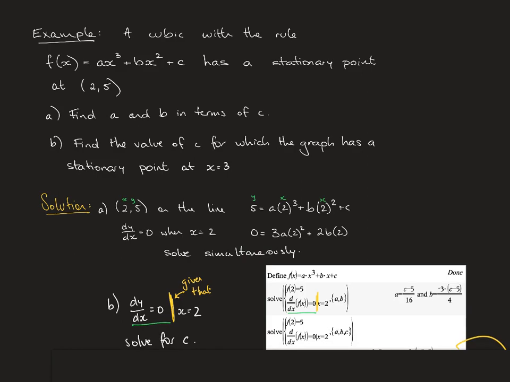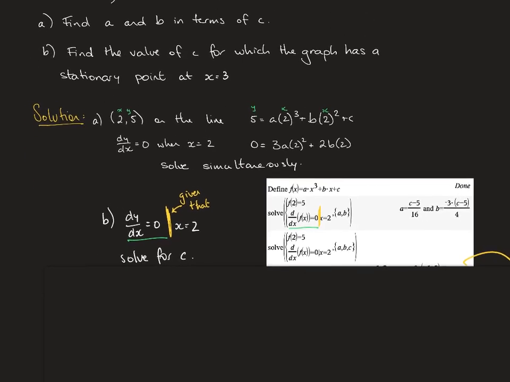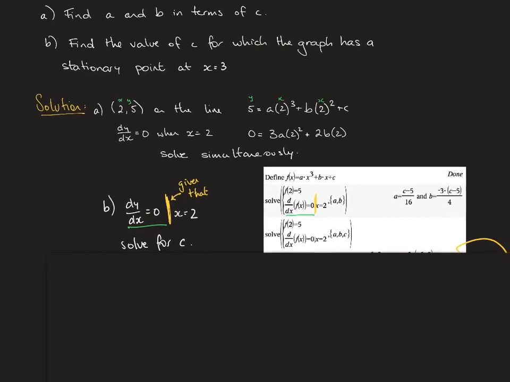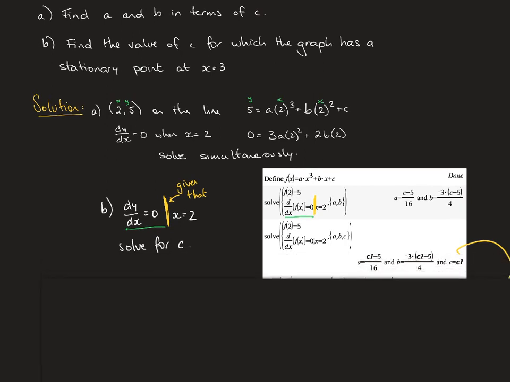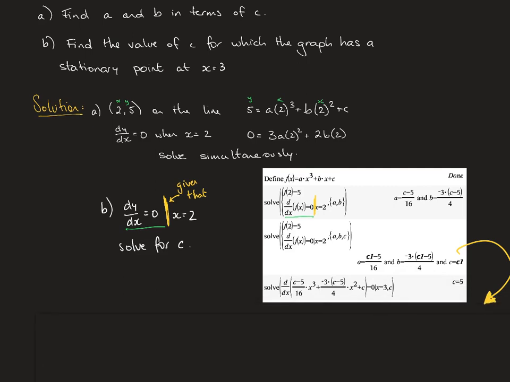Your calculator gives you an answer that has its own constants in it. It's a bit of a weird thing to do. So it gives a new parameter for a, b and c and writes all of those parameters in terms of its new one. So you can see here that it's given a is equal to c1 minus 5, b has got a c1 in it, and c is equal to c1.